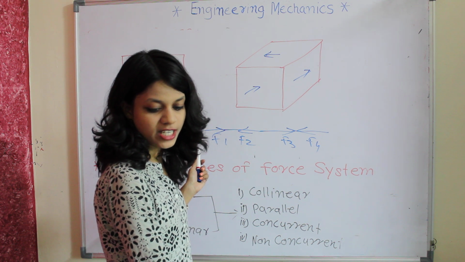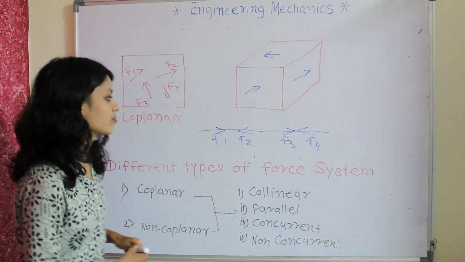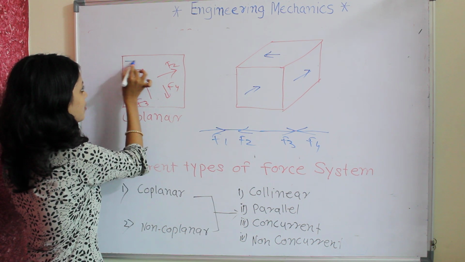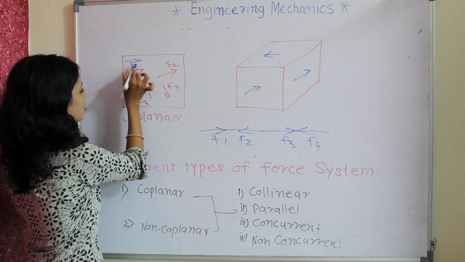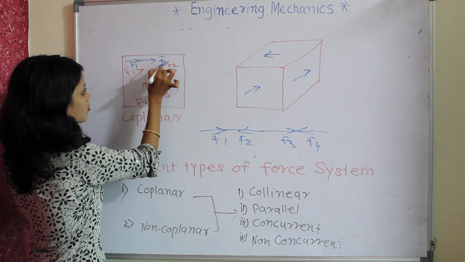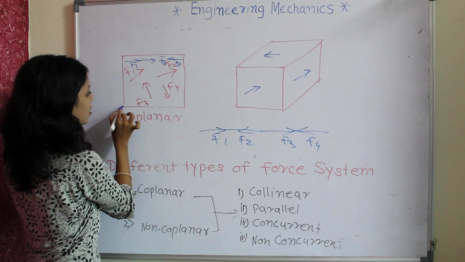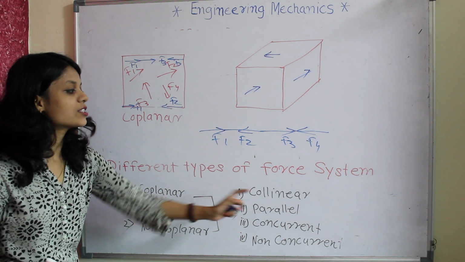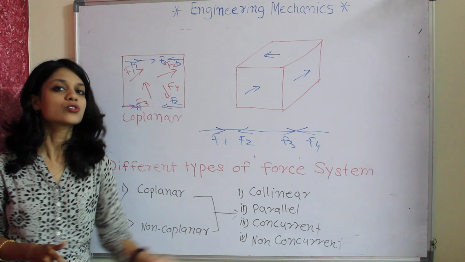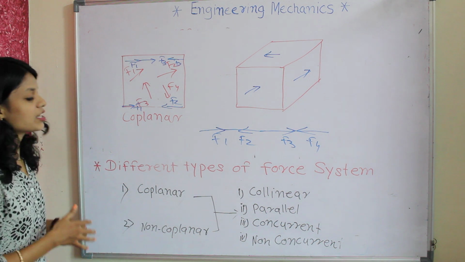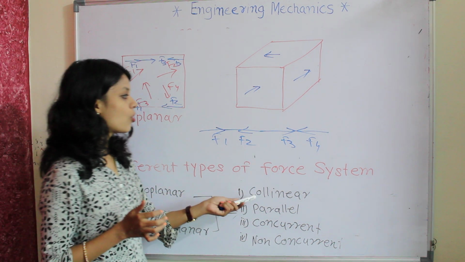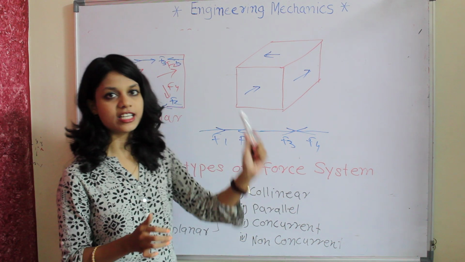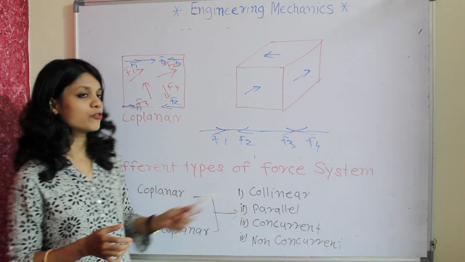For example, here, if there are forces F1, F2, F3, or here F1 and F2, then they are called collinear forces. If the line of action of all forces is the same, then they are called coplanar, collinear forces.